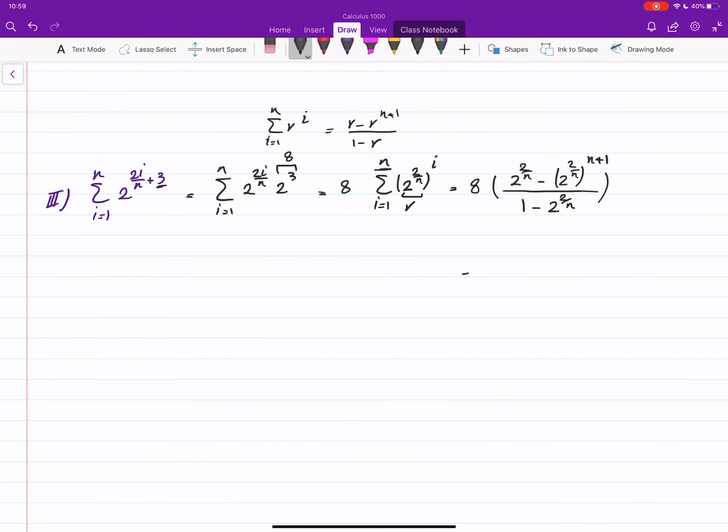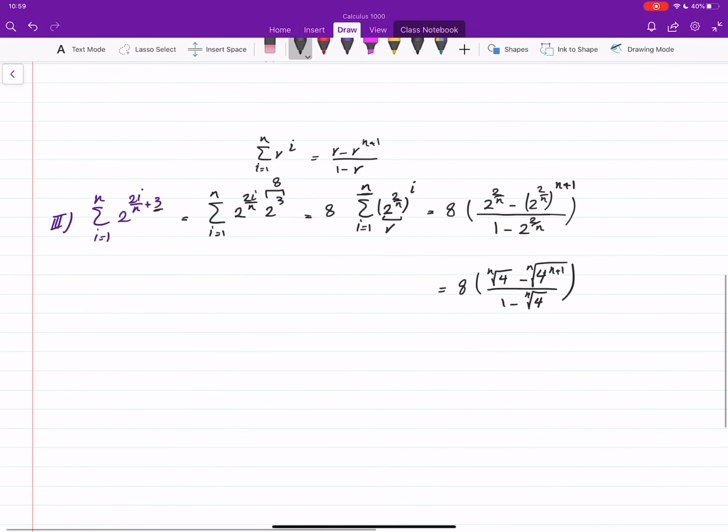For example, we can write this as 8 times 1 minus, you see, 2 to the power 2 over n is the nth root of 4. And this is the nth root of 4 minus, here we have 4 to the power (n plus 1) over n, which is the nth root of this. Maybe a little bit simplified version.